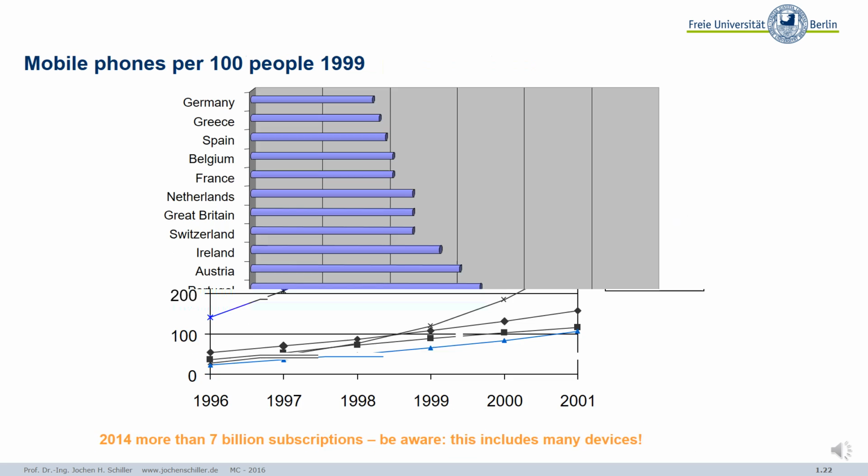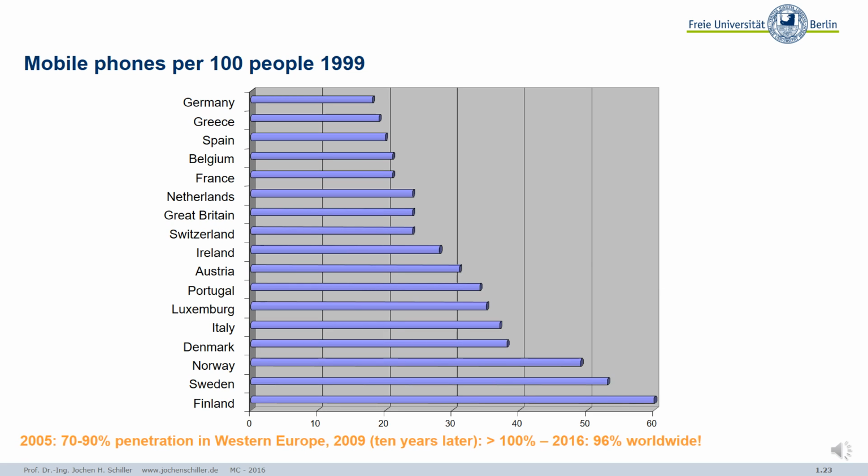So old prediction, we look at also an old prediction about the so-called mobile phone penetration. The penetration at the turn of the millennium, Finland was almost 60%, Germany was, well, not even 20%. 2005 was between 70 and 90. 2016, we have 96% worldwide.